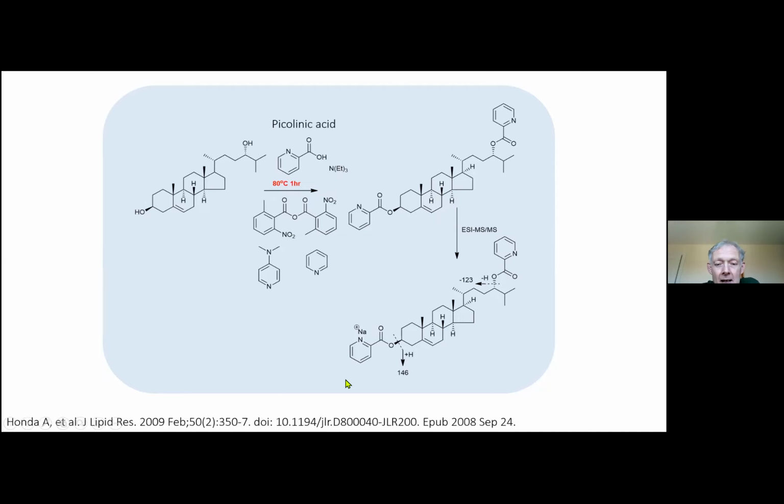We see a fragment ion at 146, which corresponds to picolinic acid plus sodium, or alternatively, we might see a fragment ion which is the M plus sodium minus 123, which is the M plus sodium minus picolinic acid. So you get fragment ions, which are going to be useful for MRMs.